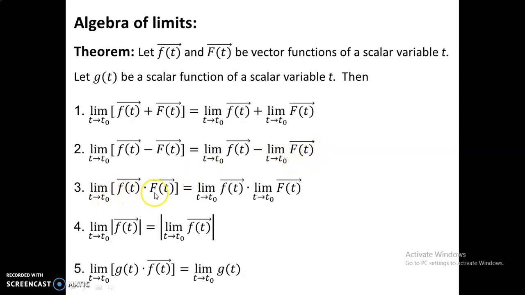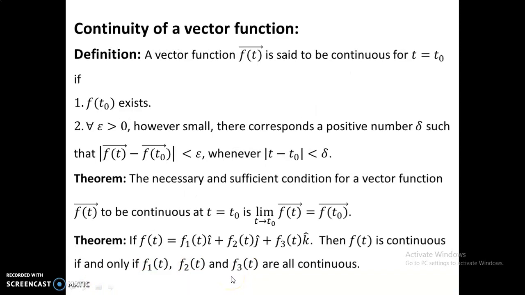And the limit of the magnitude of a vector function is equal to the magnitude of the limit of the vector function. And last, the limit of the product of a scalar function and a vector function as t tends to t naught is the limit of the scalar function as t tends to t naught times the limit of the vector function.